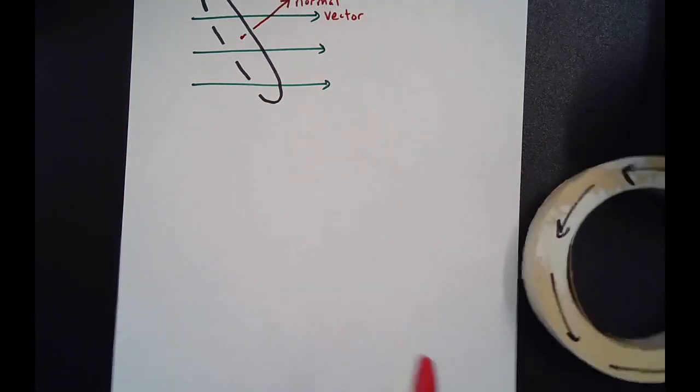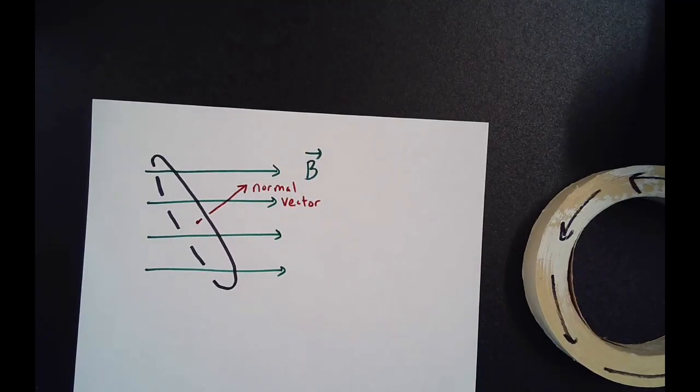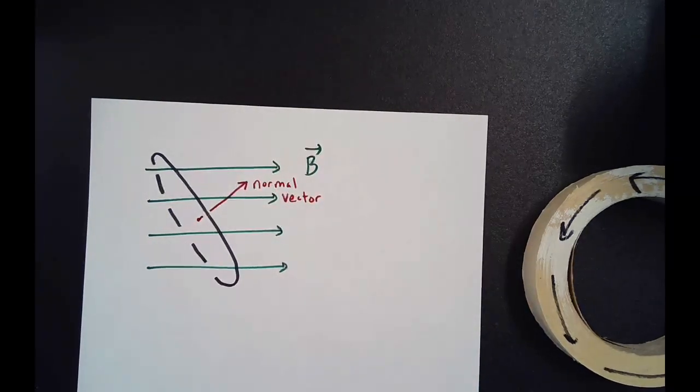The angle theta that we often reference then is the angle between the magnetic field and the normal vector. So this angle there is theta.